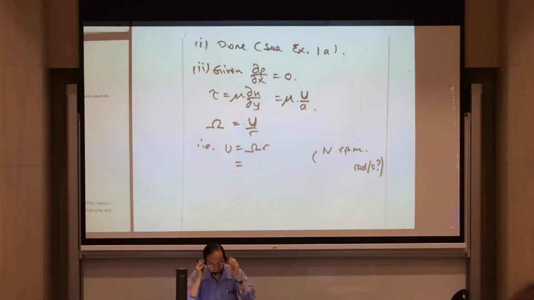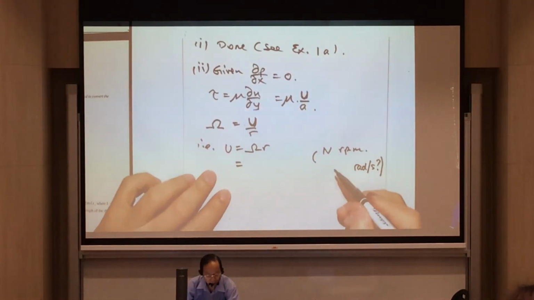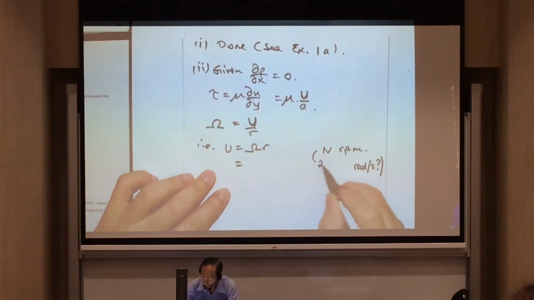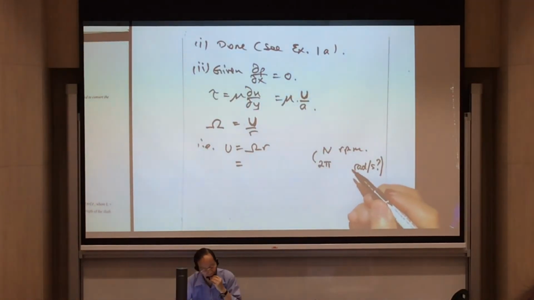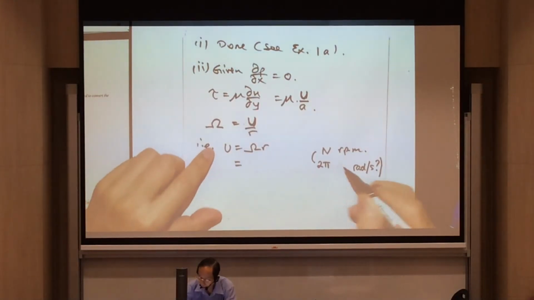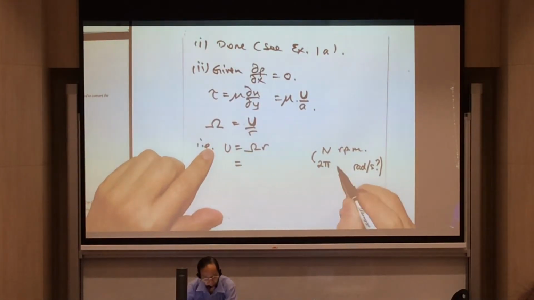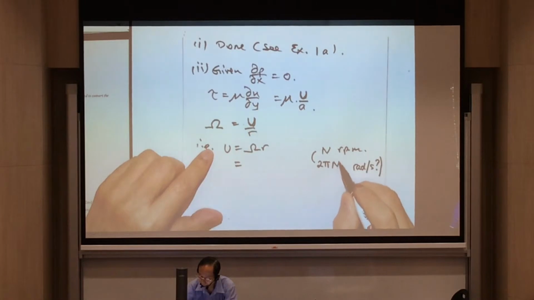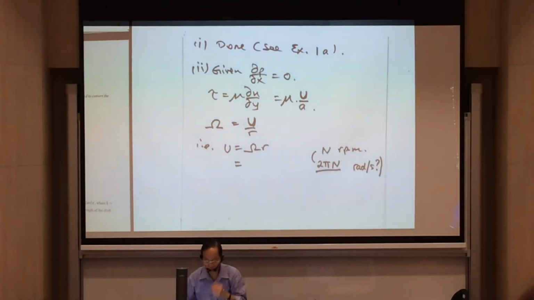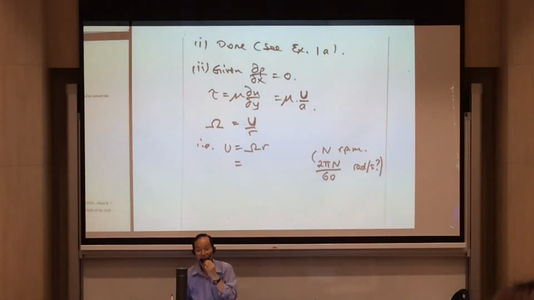For those who are not very sure, it is 2 pi n over 60, divided by 1 minute, which is 60 seconds.